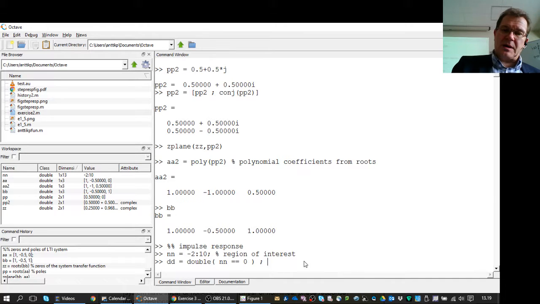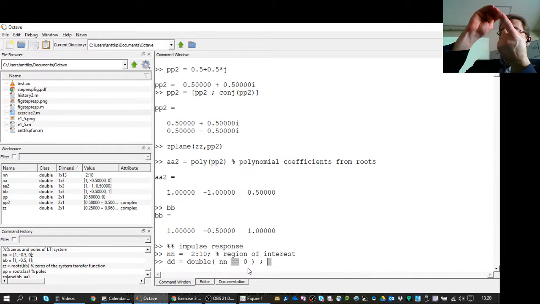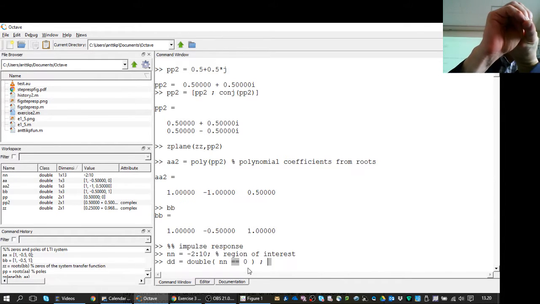Well, I think the problem was that I didn't point out that testing equality is double equal, same as in C language. If you have a single equal sign, it sets the variable value, exactly the same as in C. Okay, so this is our impulse.